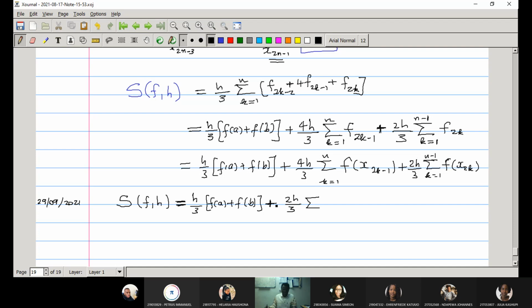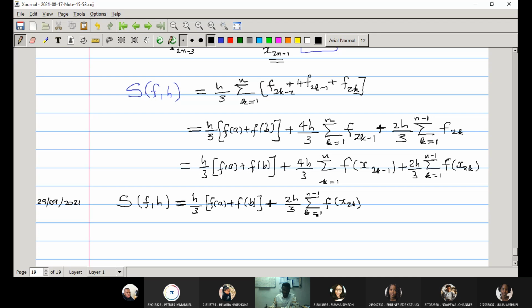For that one, we sum from 1 to n minus 1, because one of them has already been included in the first term, f of b. It's already there. So that's why we sum to that. And here we have f of x sub 2k.